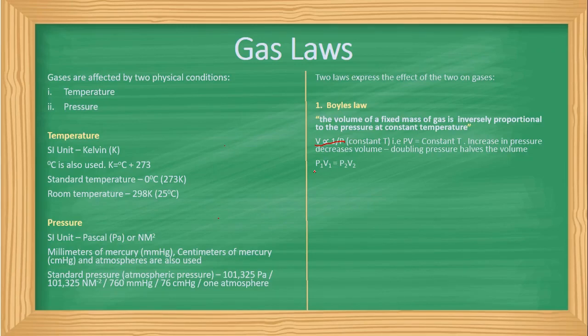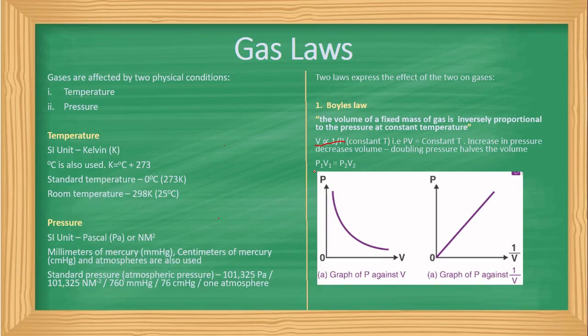P1 is the initial pressure, V1 is the initial volume, P2 is the final pressure, and V2 is the final volume. In terms of graphical representation, it's always presented as I've put in the diagram that I'm presenting here.